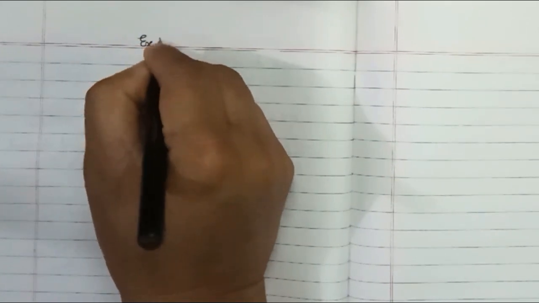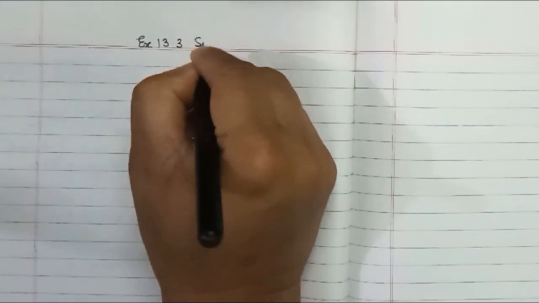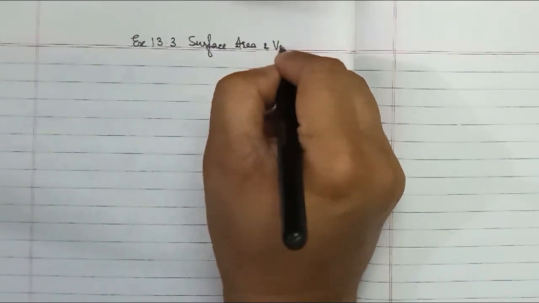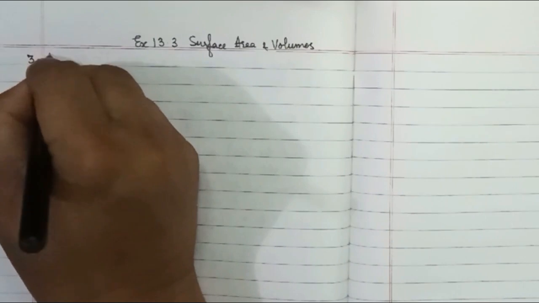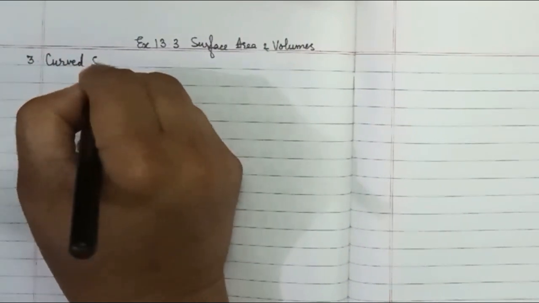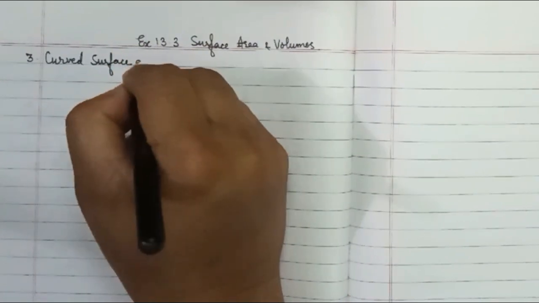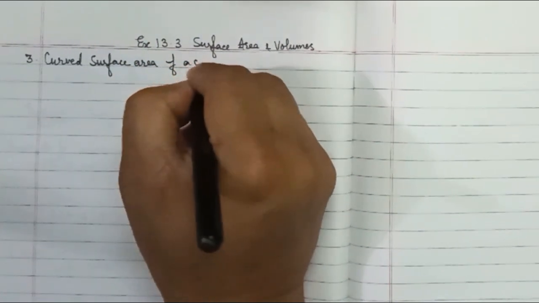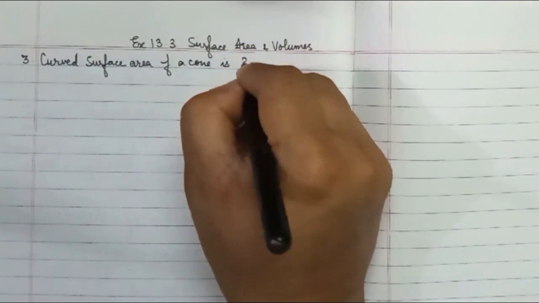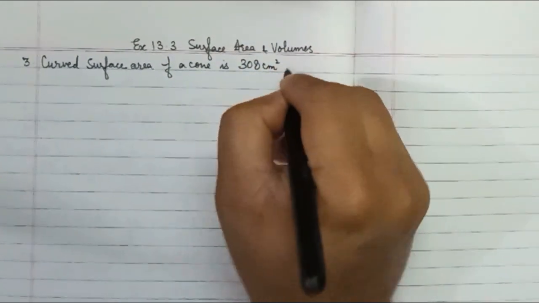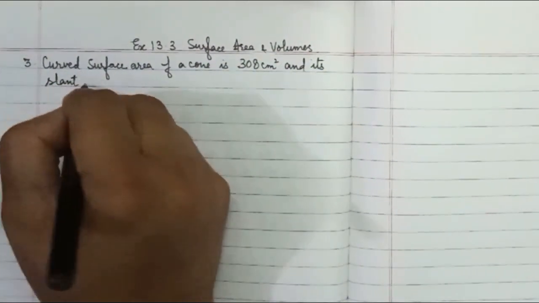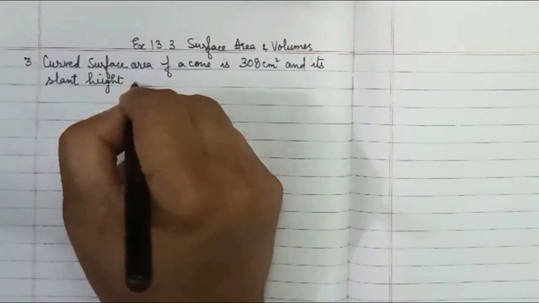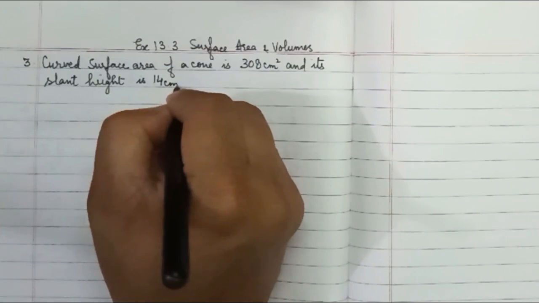We were doing exercise 13.3, surface area and volumes. Question number 3. Curved surface area of a cone is 308 centimeters square and its slant height is 14 centimeter.